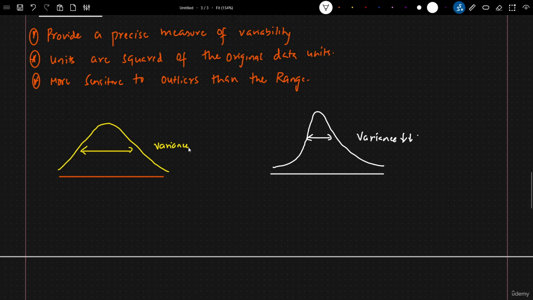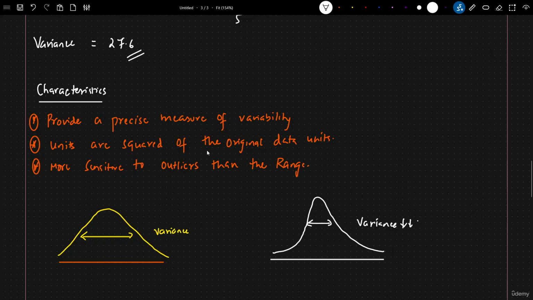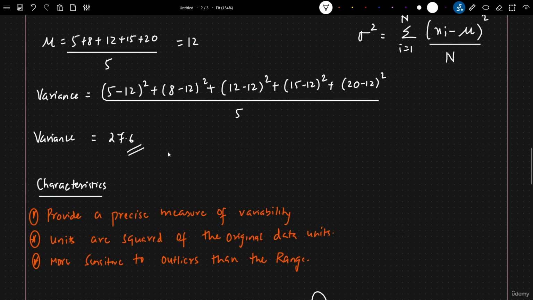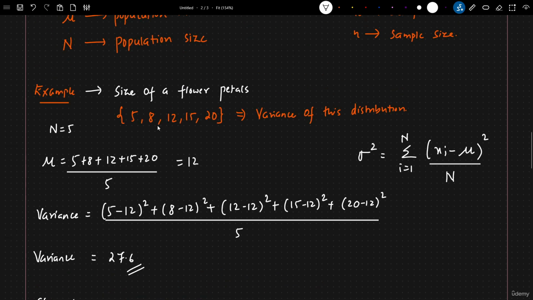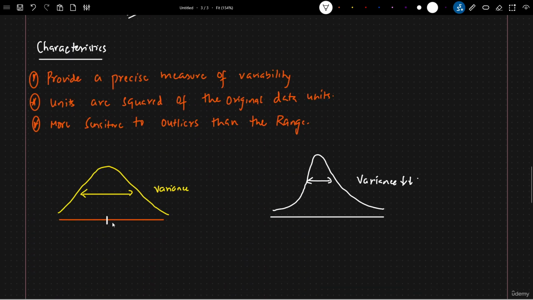Now still, variance is not able to give that information, because we are taking a square of the original data units. Let's say this is my mean, 12, and I want to check how far 8 is away from the mean. I still don't have that information.